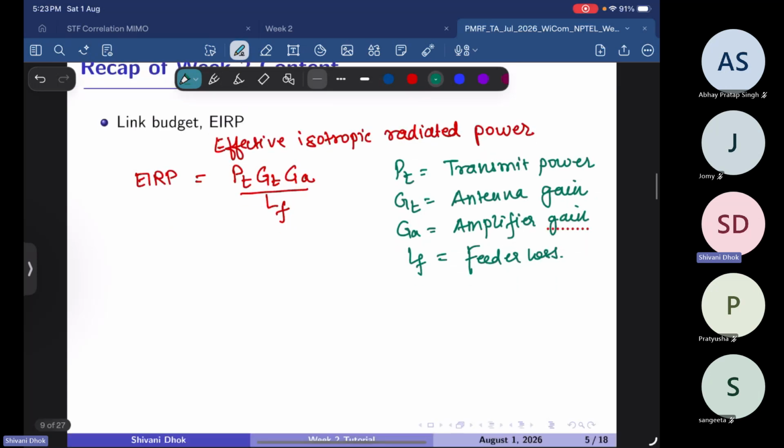This is in linear scale, and the units for this are watts.